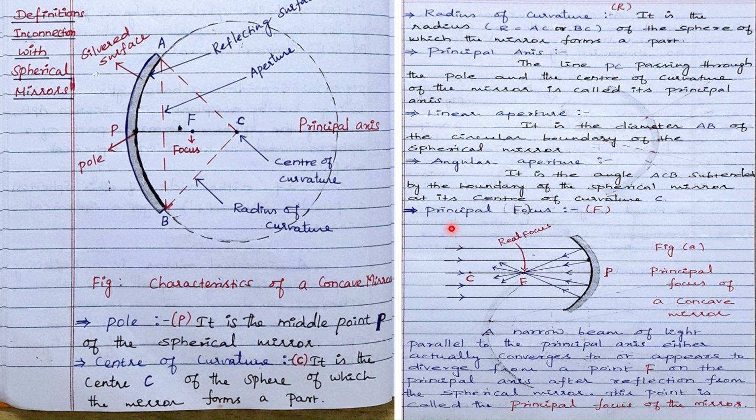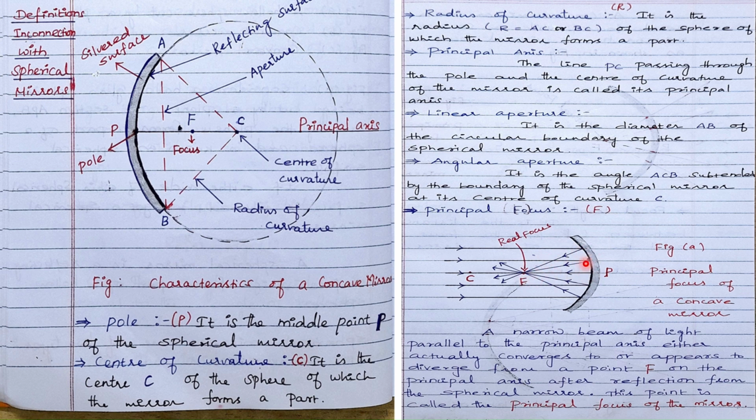The next definition is principal focus. It is denoted by the letter F. In this diagram, it is F. That is called the principal focus. This diagram, figure A, shows the principal focus of a concave mirror. A narrow beam of light parallel to the principal axis either actually converges to, or appears to diverge from, a point F on the principal axis after reflection from the spherical mirror.